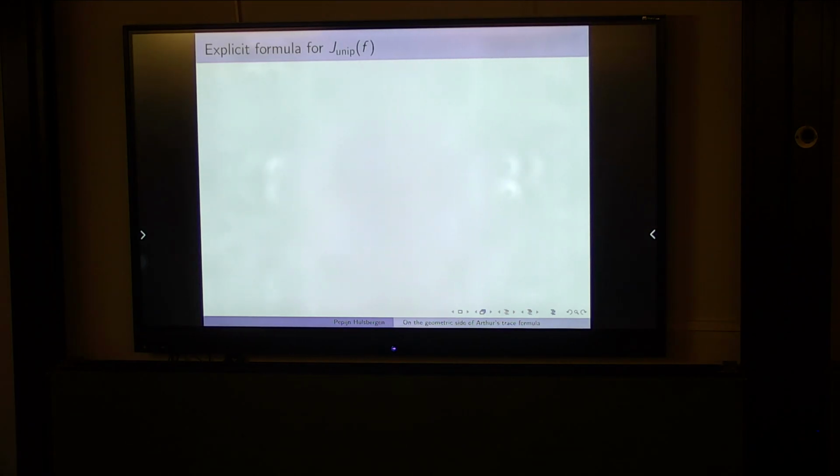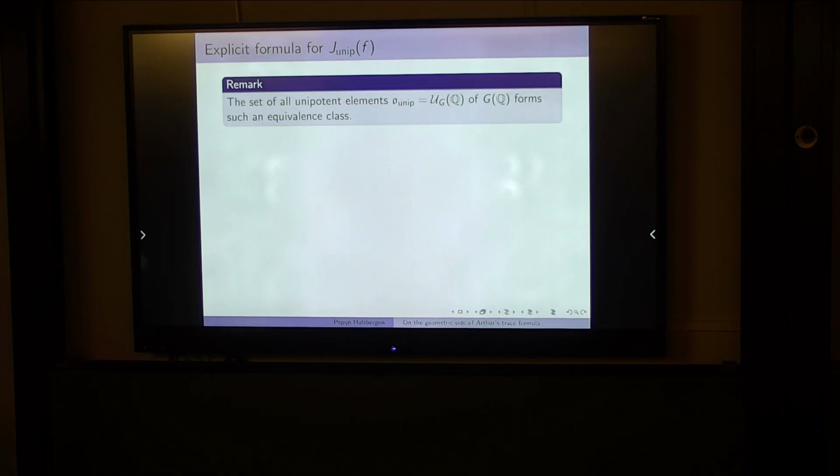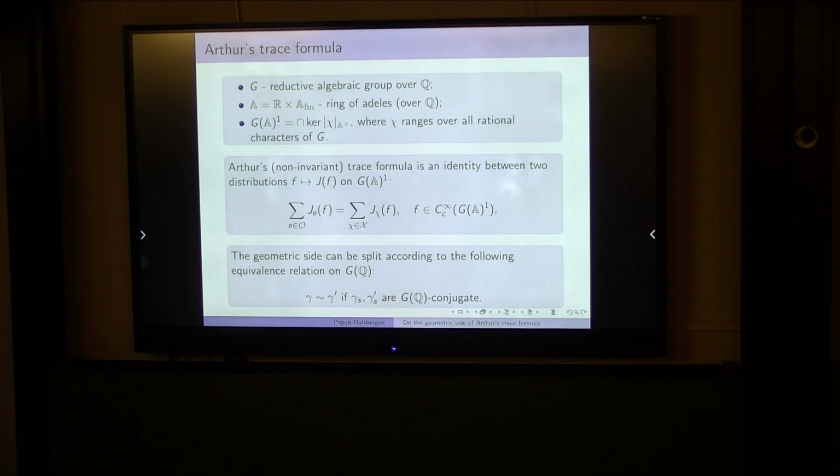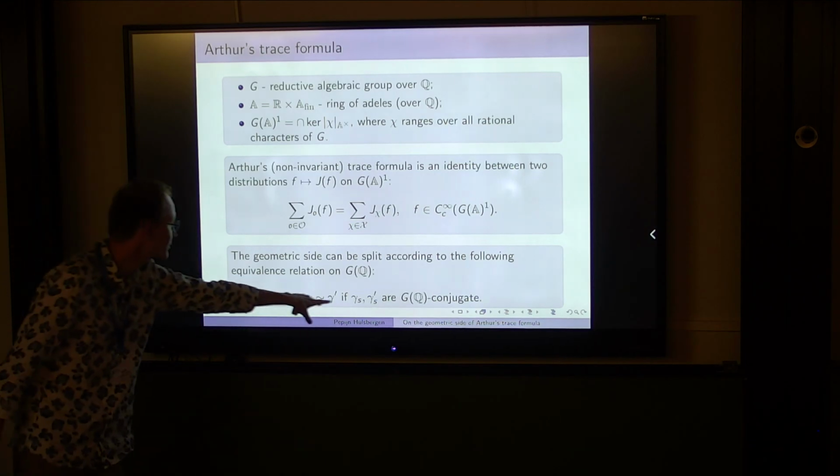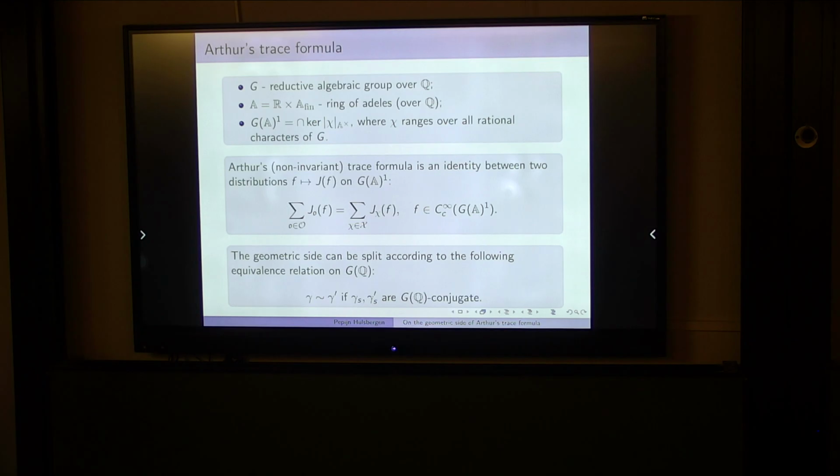For this we first need a small remark: if we look at the set of unipotent elements in G(Q), then this forms an equivalence class with respect to this equivalence relation, since then the semi-simple part is trivial, and then it's obvious.